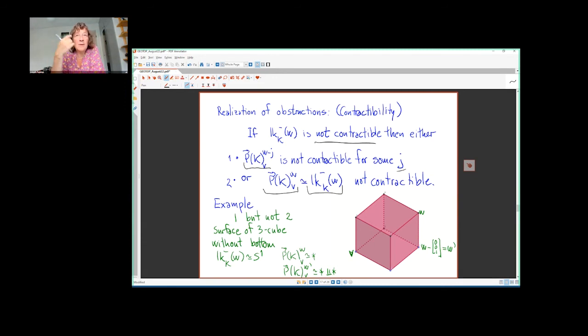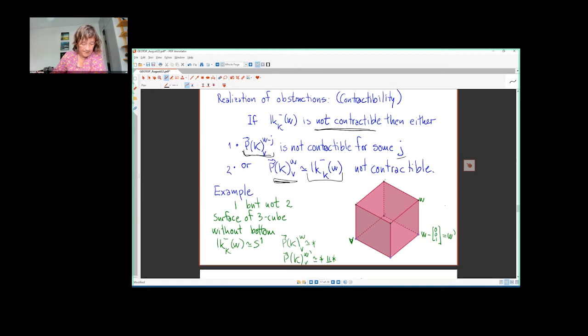And when I thought about that, I thought, well, it's going to be non-contractible anyway, isn't it? This is not going to be necessary. But that's not true. You could have that this is not contractible, but the path space here is contractible, but something below is not contractible. So here's an example.